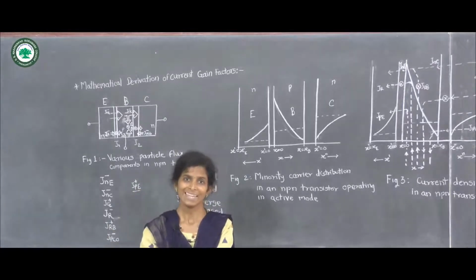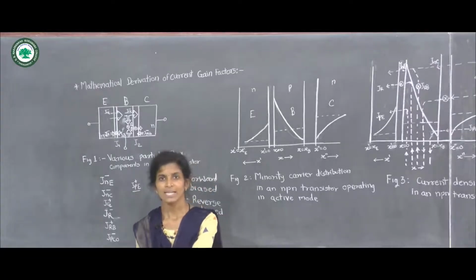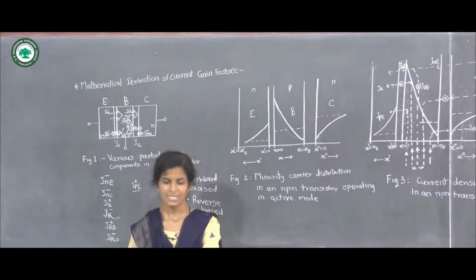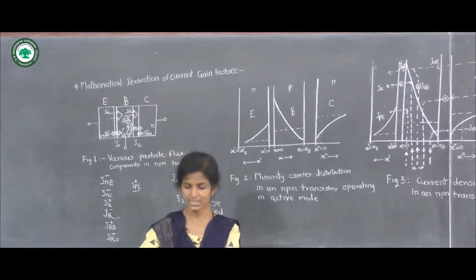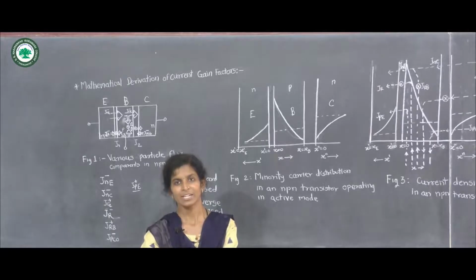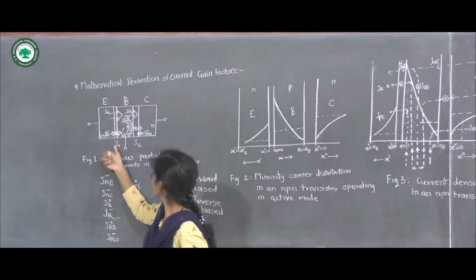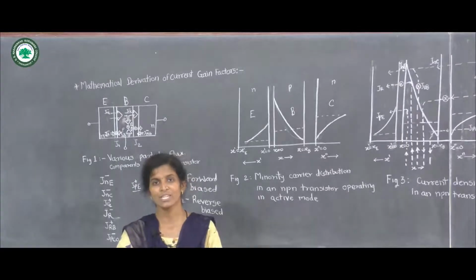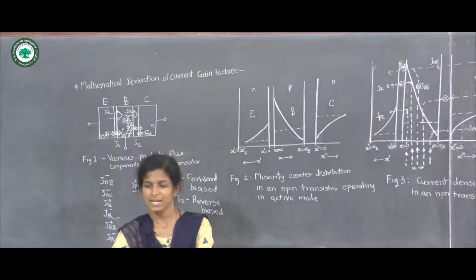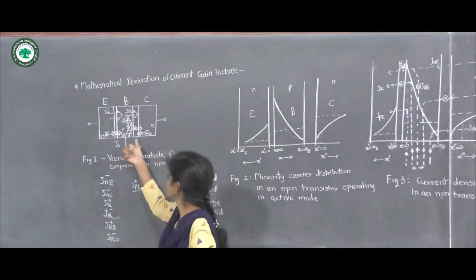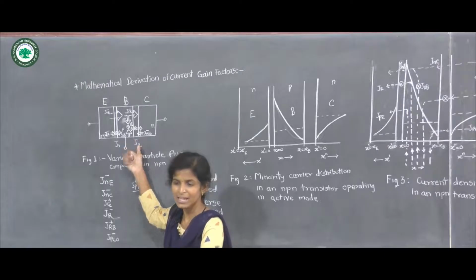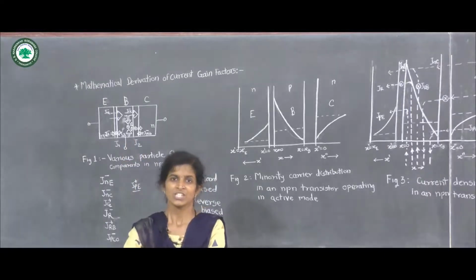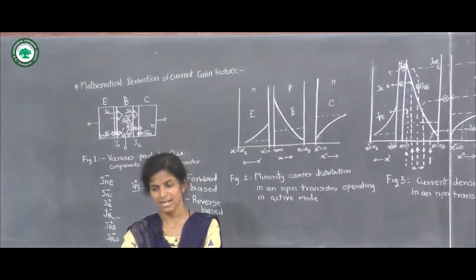Some of the electrons and holes that are injected into the forward biased base-emitter space charge region will recombine in this emitter-base space charge region. The generation of electrons and holes occurs at the reverse biased base-collector junction. That is, this junction is the reverse biased junction, and there is generation of electrons and holes at this junction.